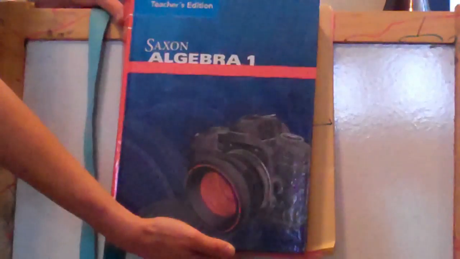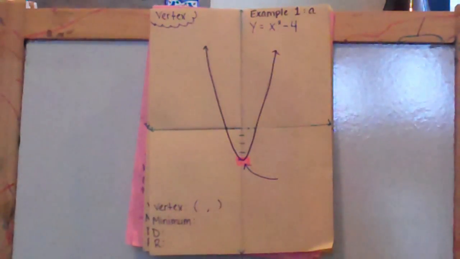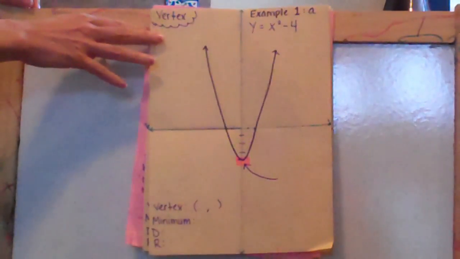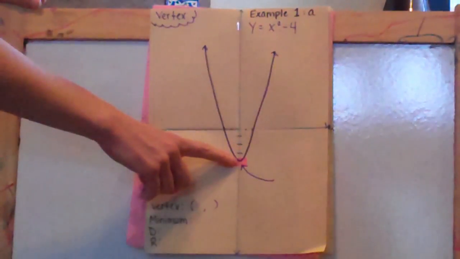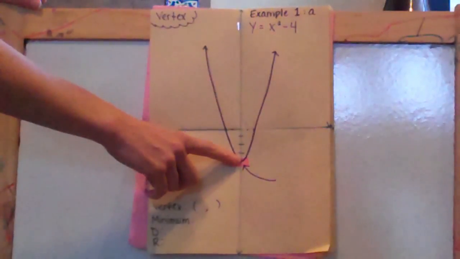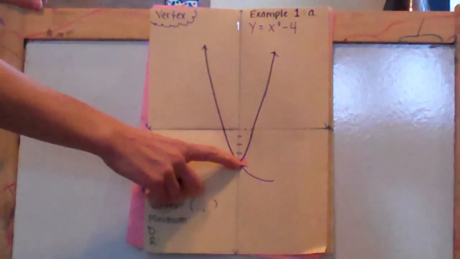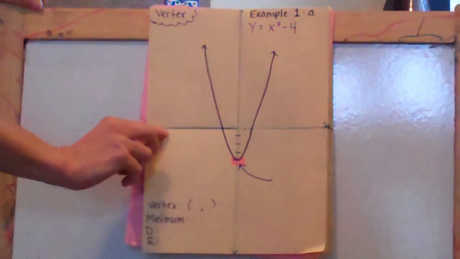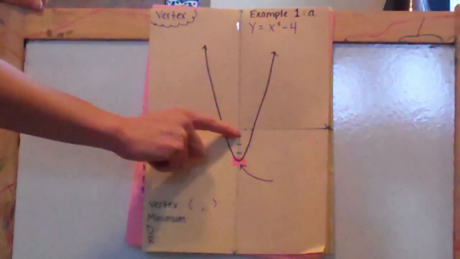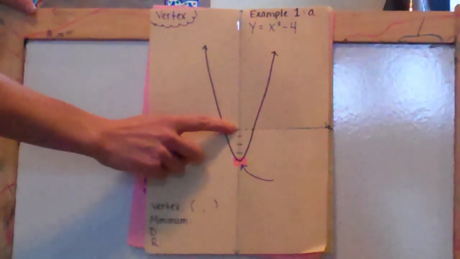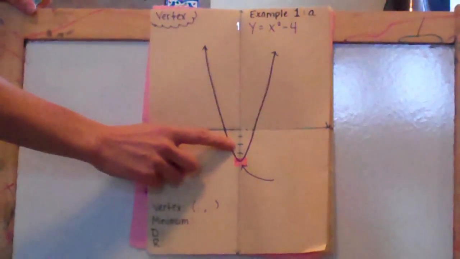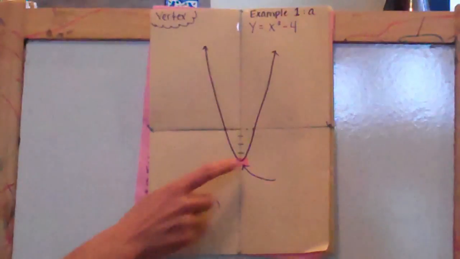All right, let's get started. If you'll go ahead and open up your algebra book to page 585, you'll see example 1. On example 1 A and B, we're going to be talking about the vertex, or the turning point of the parabola. They just want you to identify this point right here. So if I look across my x-axis, I see that it's going to be 0, and my y will be -1, -2, -3, -4.